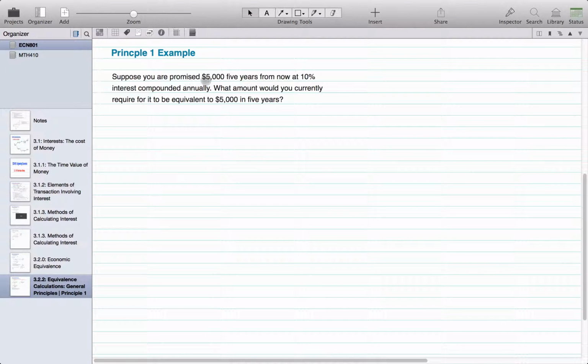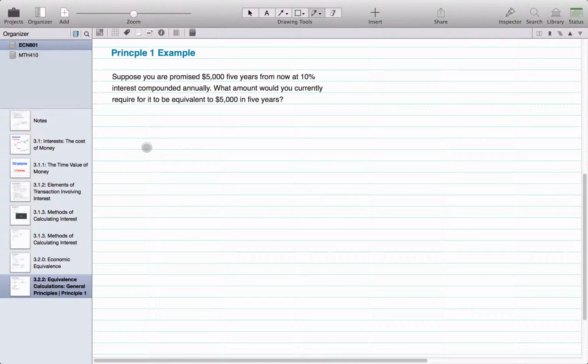Let's just do another example of common time basis. Suppose you are promised $5,000 5 years from now at 10% interest compounded annually. What amount would you currently require for it to be equivalent to $5,000 in 5 years? So what present value do you need now for that present value to be equivalent to $5,000 5 years from now?